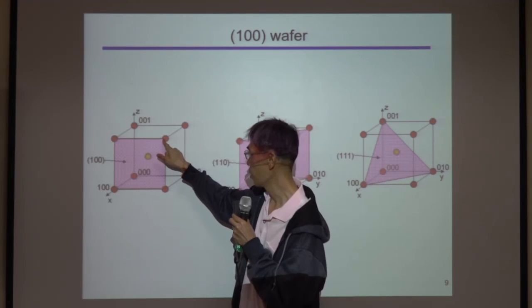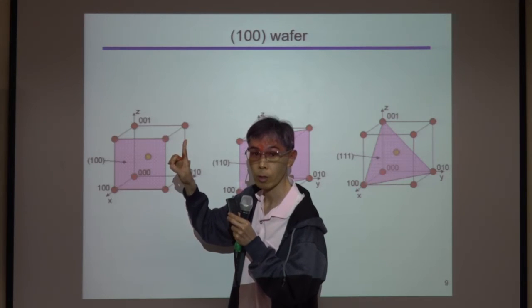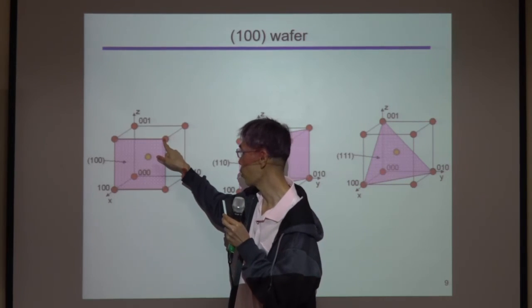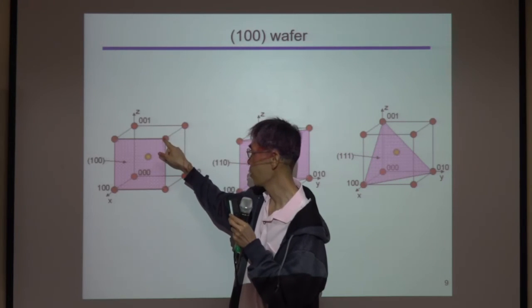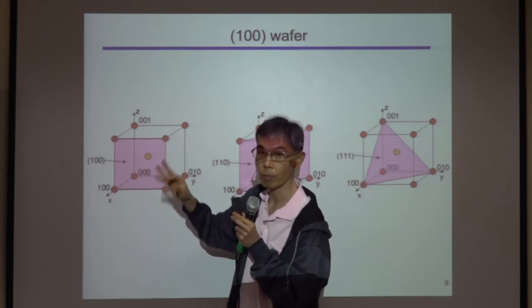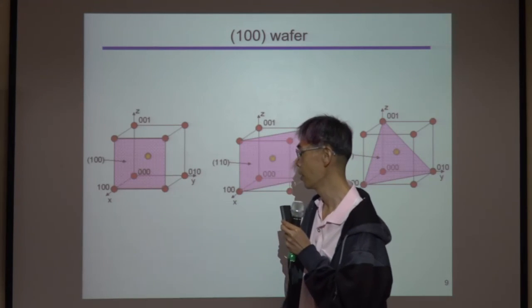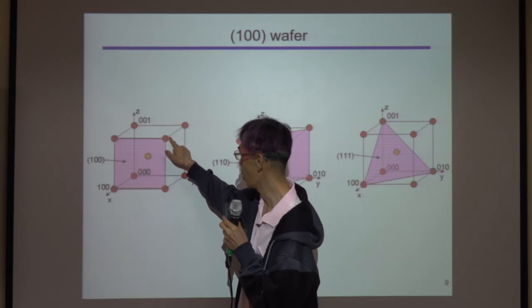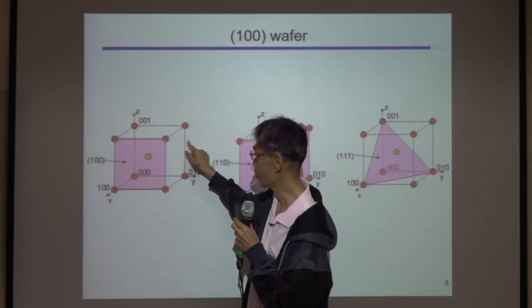And for each of these atoms, we can only count 1/4, because the other 3/4 belong to other surfaces. So 1/4 times 4 equals 1.